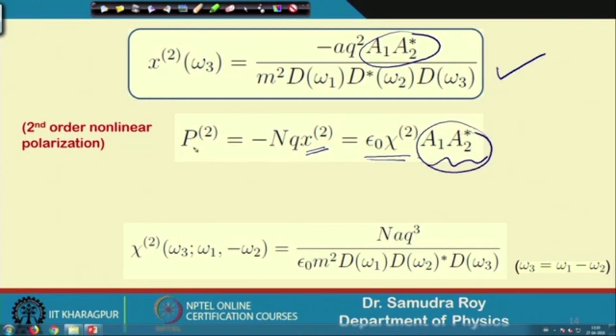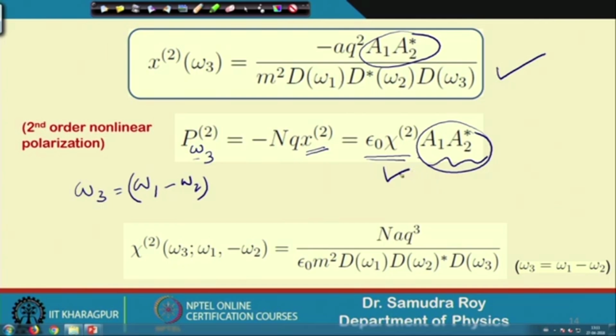Also one should write that this P2 has a frequency component of omega 3, because P2 can vibrate at different frequencies, but from the very beginning we are considering a frequency omega 3 which is related to omega 1 and omega 2, like omega 1 minus omega 2. This is the difference frequency. So for P2 with the frequency omega 3, we have some term, and from there we can extract my chi 2.